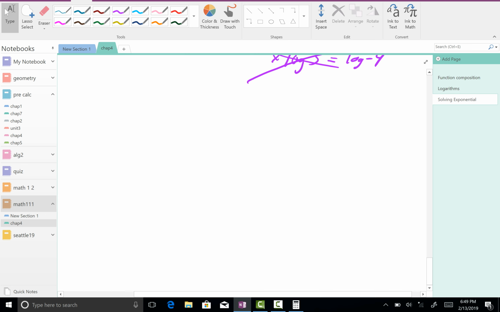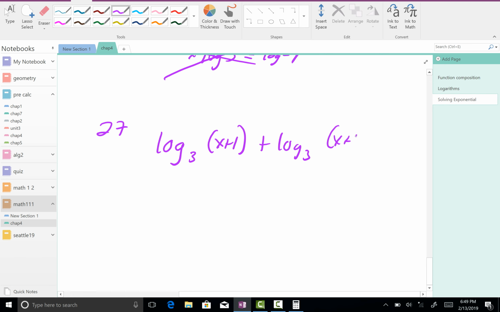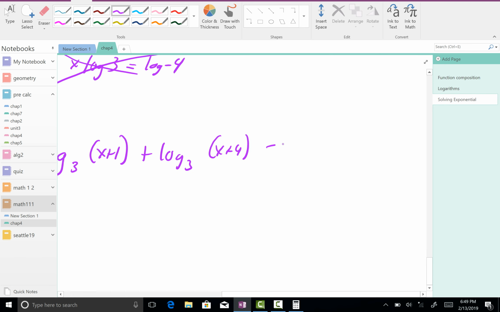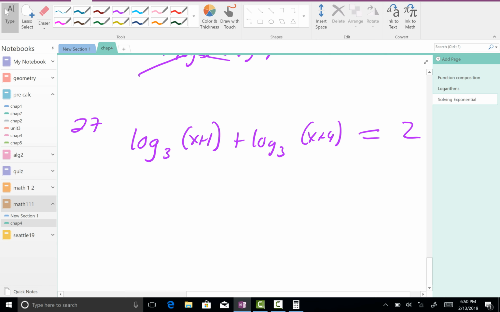All right. Here we look at one like this, 27: log base 3 of x plus 1 plus log base 3 of x plus 4 equals 2. So here's 27. Okay, it looks like this, right?